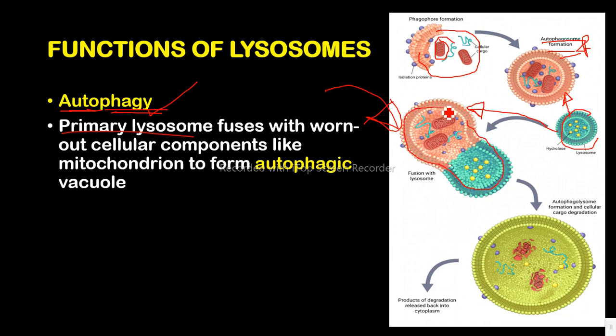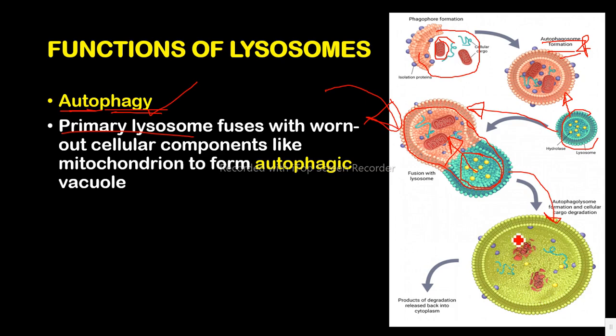So when they fuse, they will release these digestive enzymes, these lytic enzymes, into this vesicle, where they will mix with these worn out organelles. And what will be formed is a new lysosome, which is a secondary lysosome. You can see how the mitochondria have been broken down.